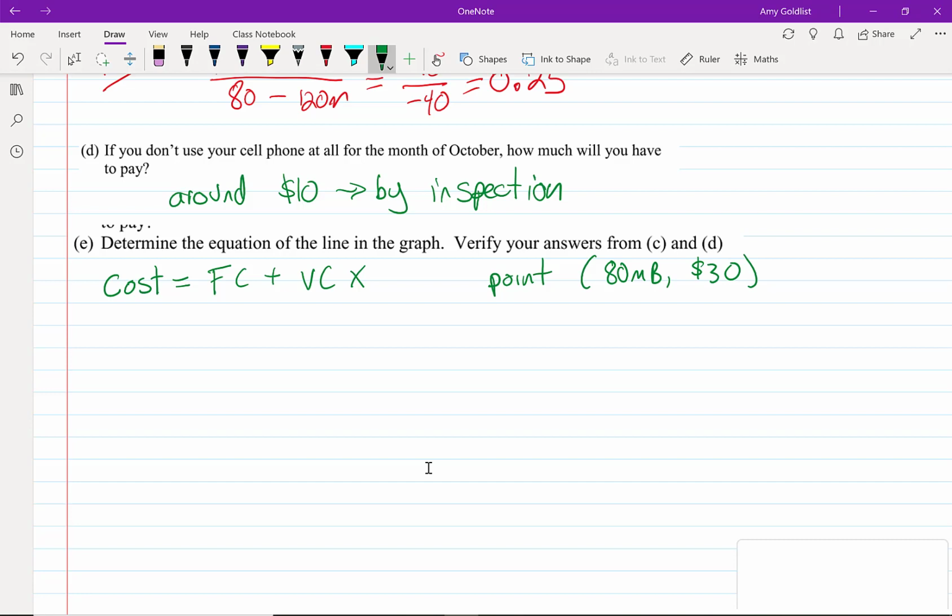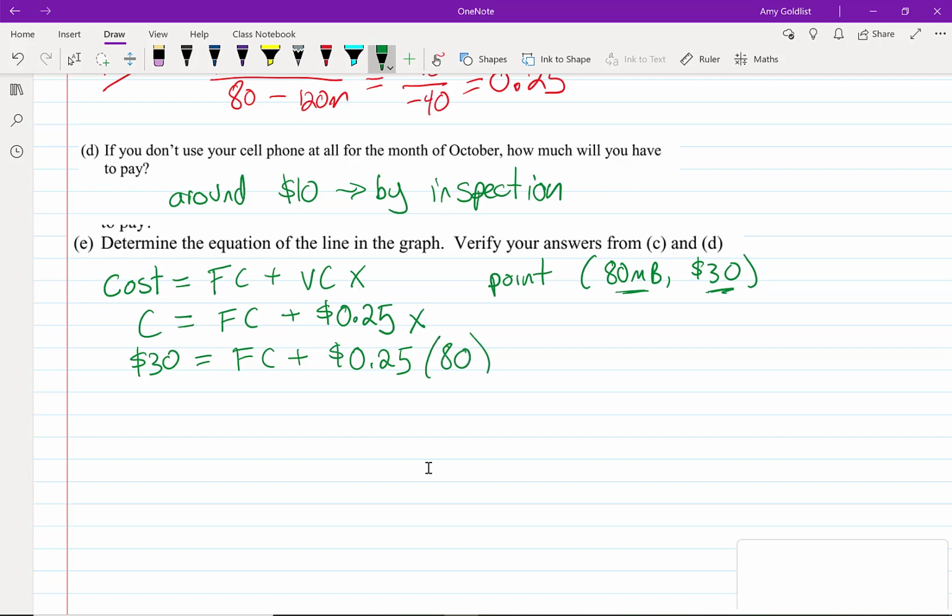So I'm going to put that in here, knowing that the variable cost is 25 cents. Now I'm going to put in 30 for C and 80 for X. I'm just going to leave off the megabytes because it's not necessary.